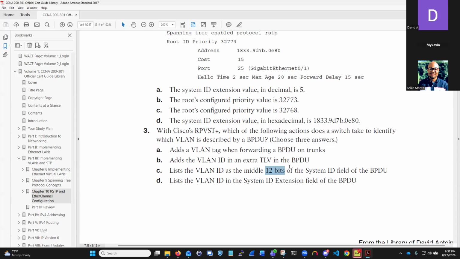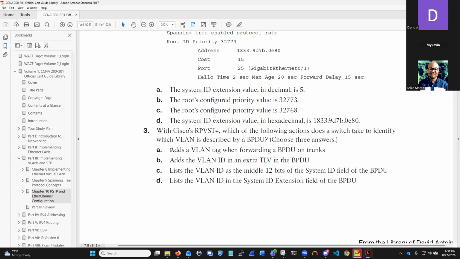That's a lot of bits for a system ID. That's insane, we don't need that much. And two, that's not within 2 bytes. Make sense? Okay.